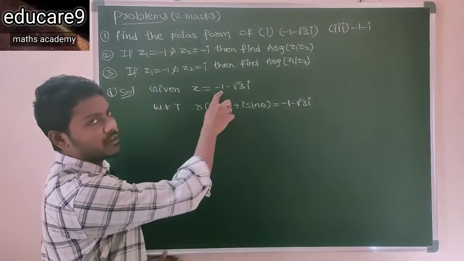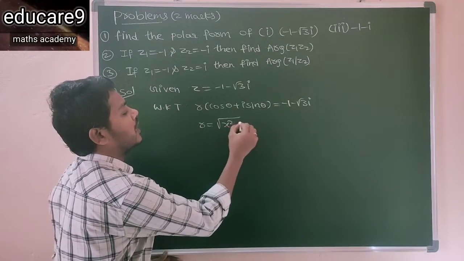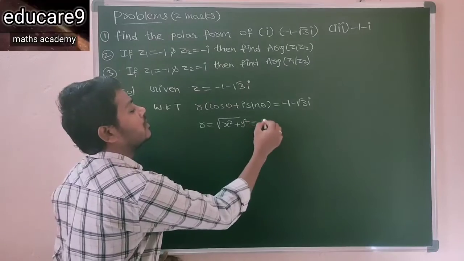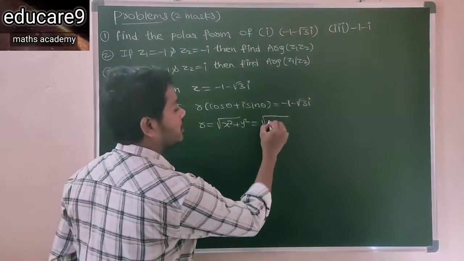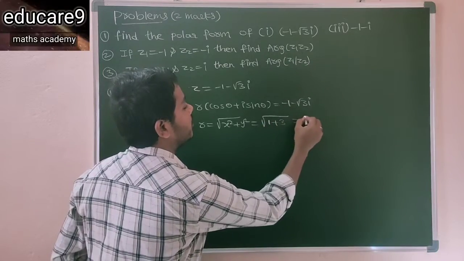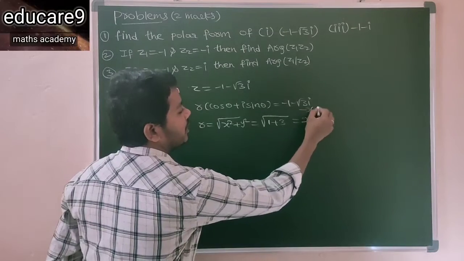So here, what is the r value? r is equal to square root of x square plus y square. So here x is equal to -1, y is equal to minus root 3. That is 1 plus 3, we get 2. So this is equation 1.